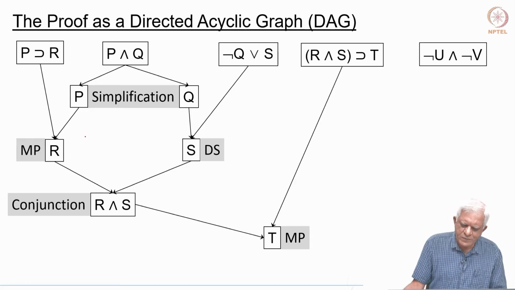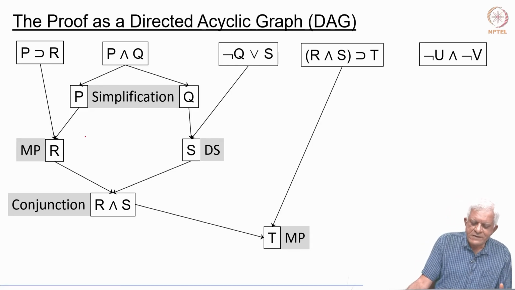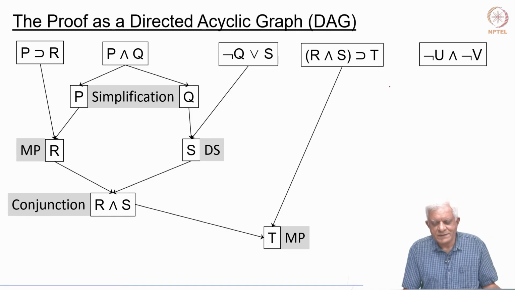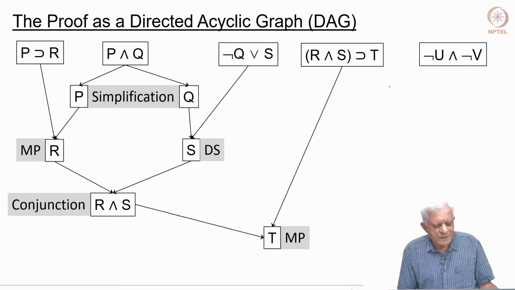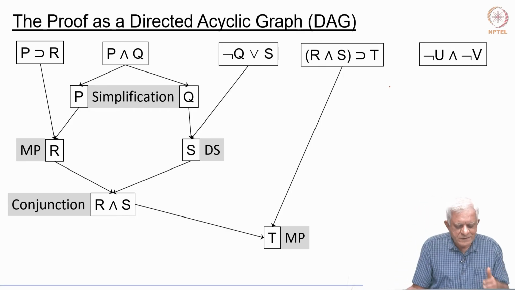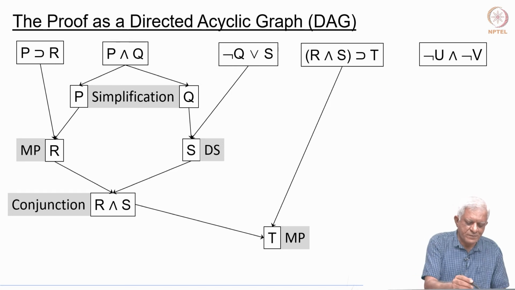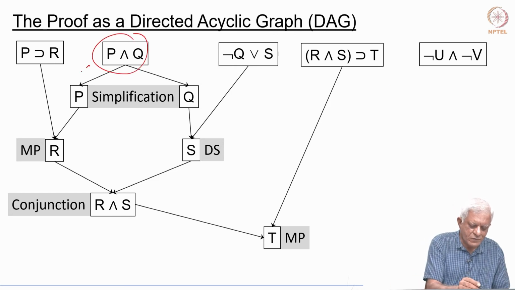We can also show the proof in a pictorial form as a directed acyclic graph. On the top row are the premises that have been given to you, and then the arrows show you how you arrive at new sentences. So, from P implies Q, you came to P, that was one thing we did.